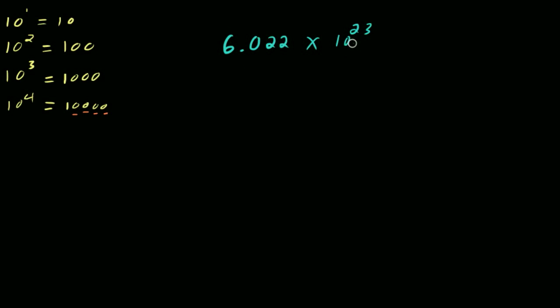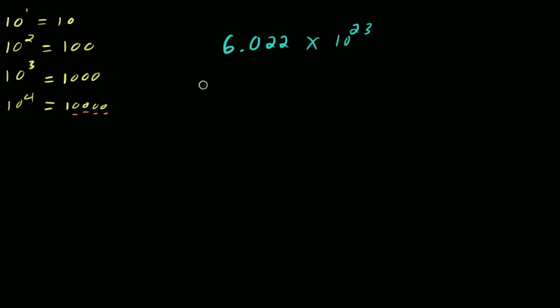So how many zeros is this going to have? Well, I guess the better question is, how many spaces are we going to move this decimal place over to the right? Well, it'll be 23 places.